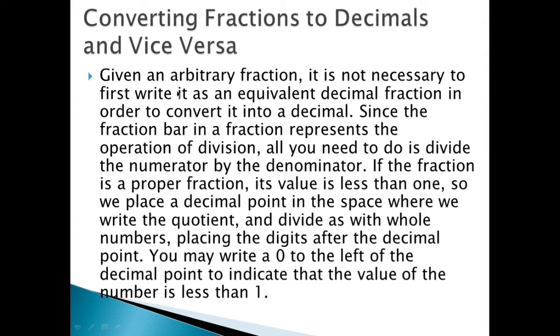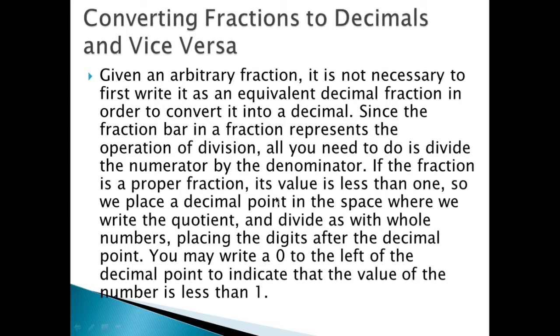So, given an arbitrary fraction, it is not necessary to first write it as an equivalent decimal fraction in order to convert it into a decimal. Since the fraction bar in a fraction represents the operation of division, all you need to do is divide the numerator by the denominator.